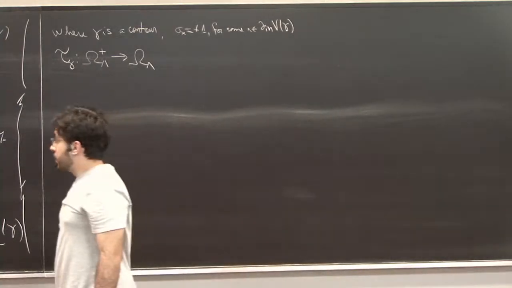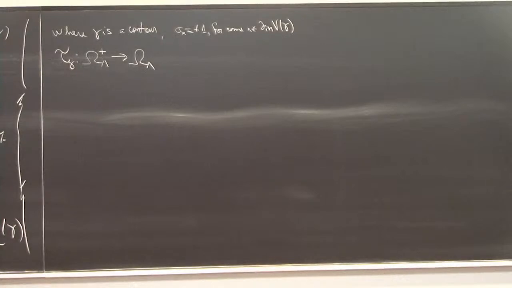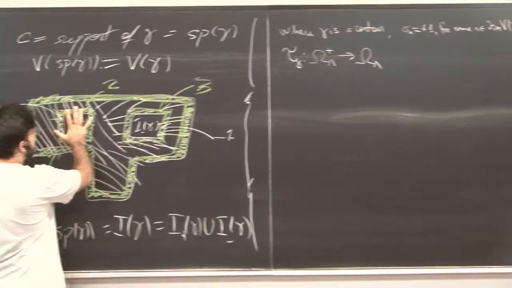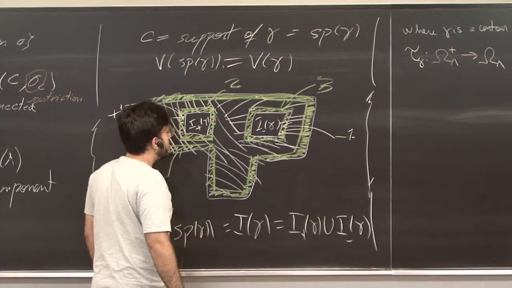This is what we call a plus contour. So the inner boundary of the volume, remember the volume is when you erase these two holes here.